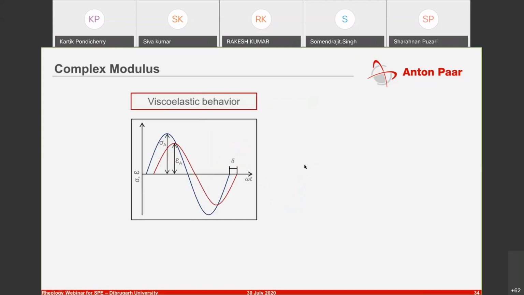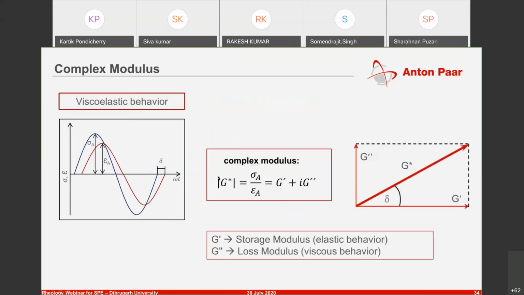And from these, what you can get is the complex modulus G star, which is the ratio between the stress amplitude and the strain amplitude, which could further be distinguished as the sum of G prime and G double prime, wherein G prime is the storage modulus describing the elastic behavior, and G double prime is the loss modulus describing the viscous behavior.